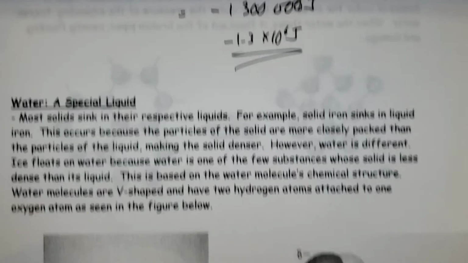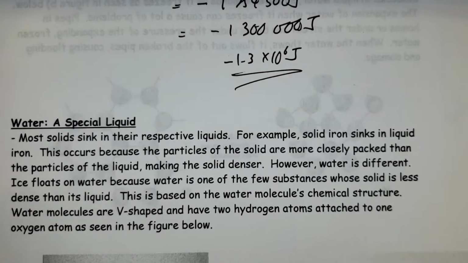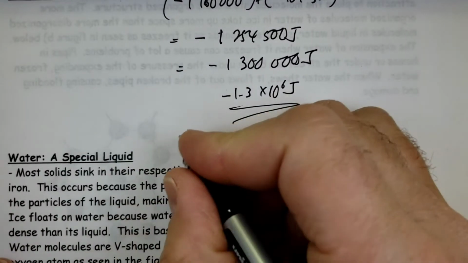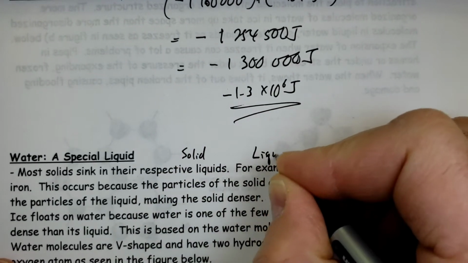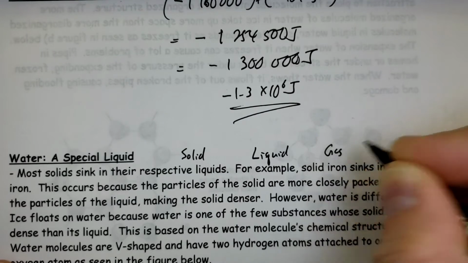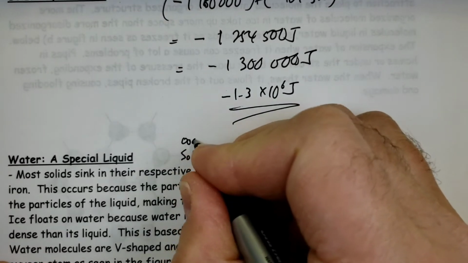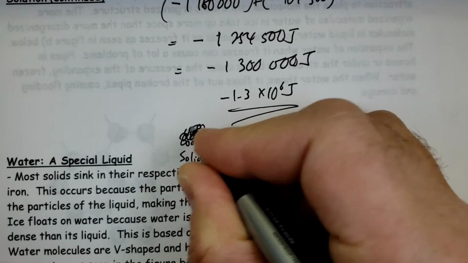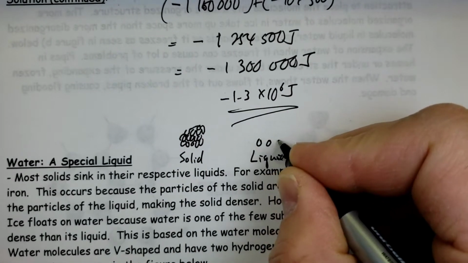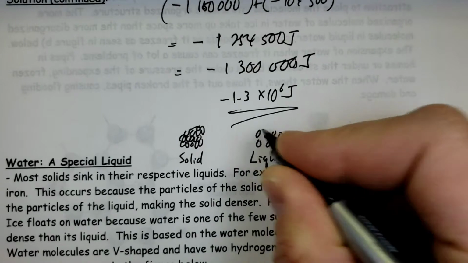Most solids sink in their respective liquids, and that makes sense because if we remember back to one of the pictures that we had, solid, liquid, gas. So usually in a solid, all the particles are close together. In a liquid, further apart.